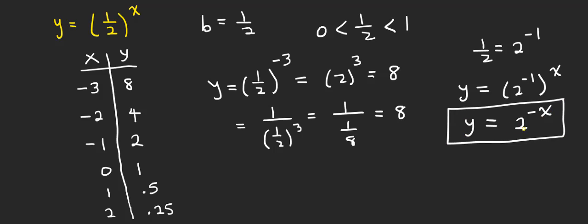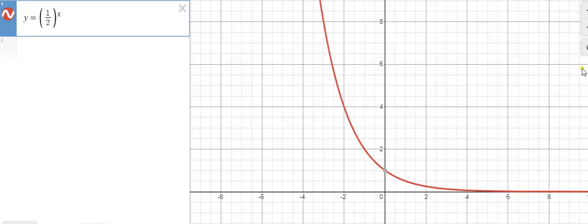So note that y equals 2 to the negative x is the same thing as y equals quantity 1 over 2 to the x. So here's a graph of y equals quantity 1 over 2 to the x power.